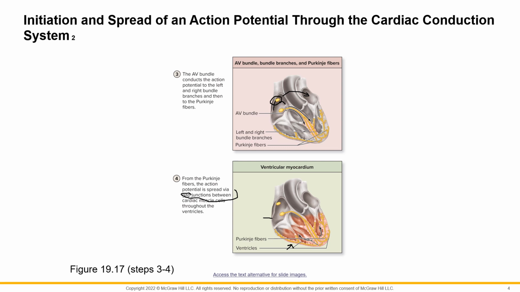So this is when atrial systole will take place. Now this action potential spreads to the AV bundle, or the AV node. AV node depolarizing quickly spreads depolarization down to your bundle of His or your AV bundle, followed by the bundle branches and the Purkinje fibers.